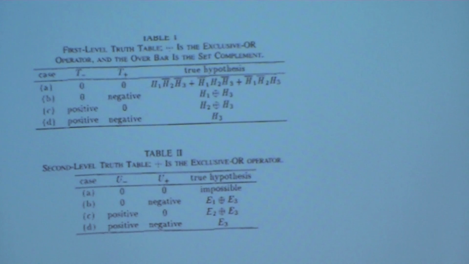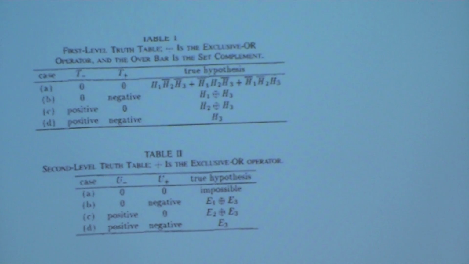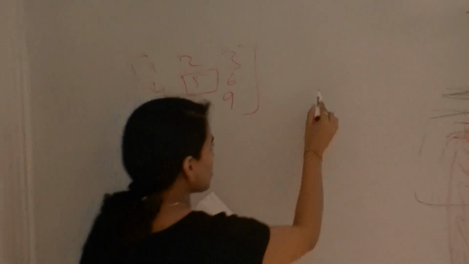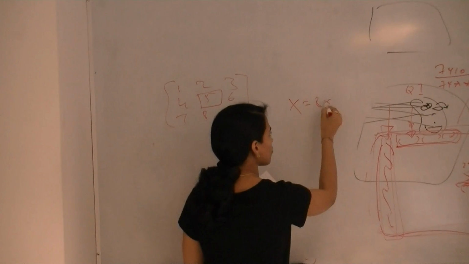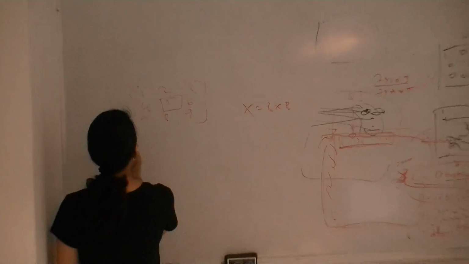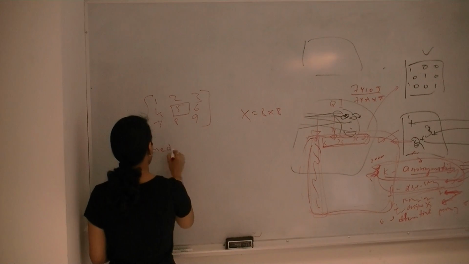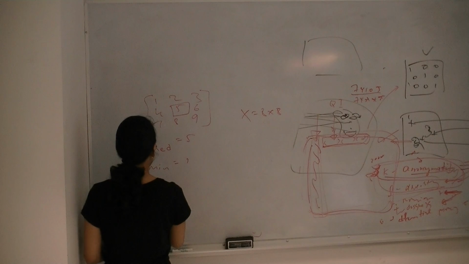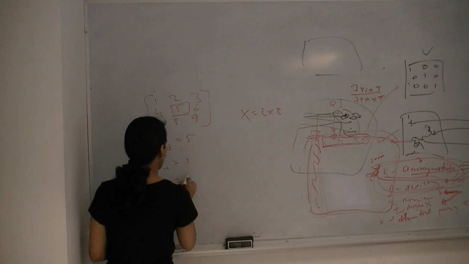Suppose we consider a 3 by 3 window. This is the median of the window, X median is 5. This matrix is X, the 8 by 8 pixel patch, of which this is the window size which we consider. X median will be 5, the minimum will be 1 and the maximum will be 9.